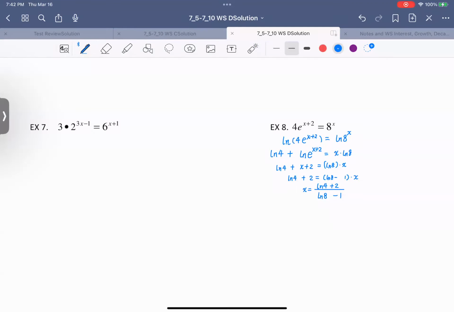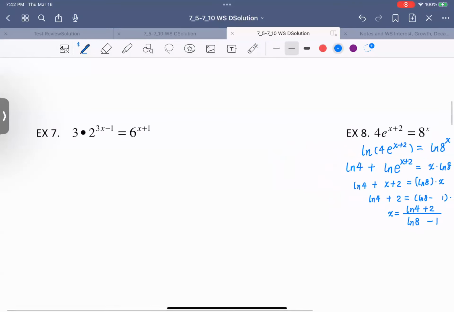Claire, actually, let's do this one together. Do you want to choose natural log or log base 10? Natural log. So you will do this, right?